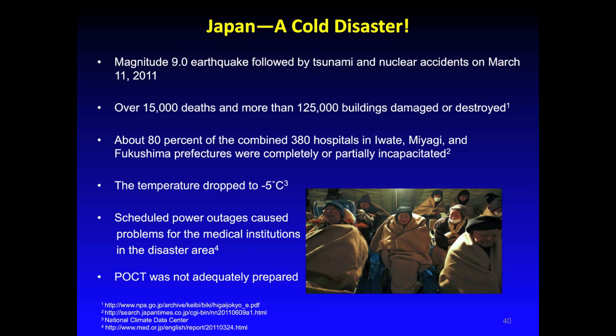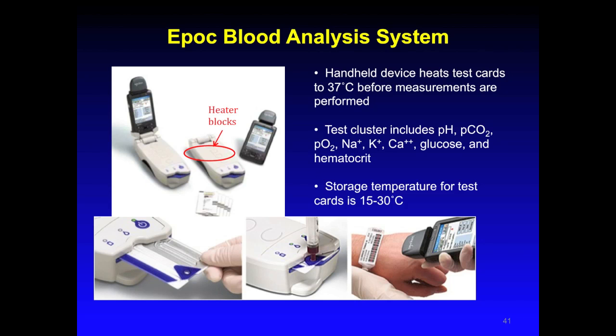There were power outages that basically enabled the point of care to become useful, but in fact it was not totally prepared for the event. However, in slide 41 we can see that some systems, such as the ones we have tested, come with onboard heating blocks.